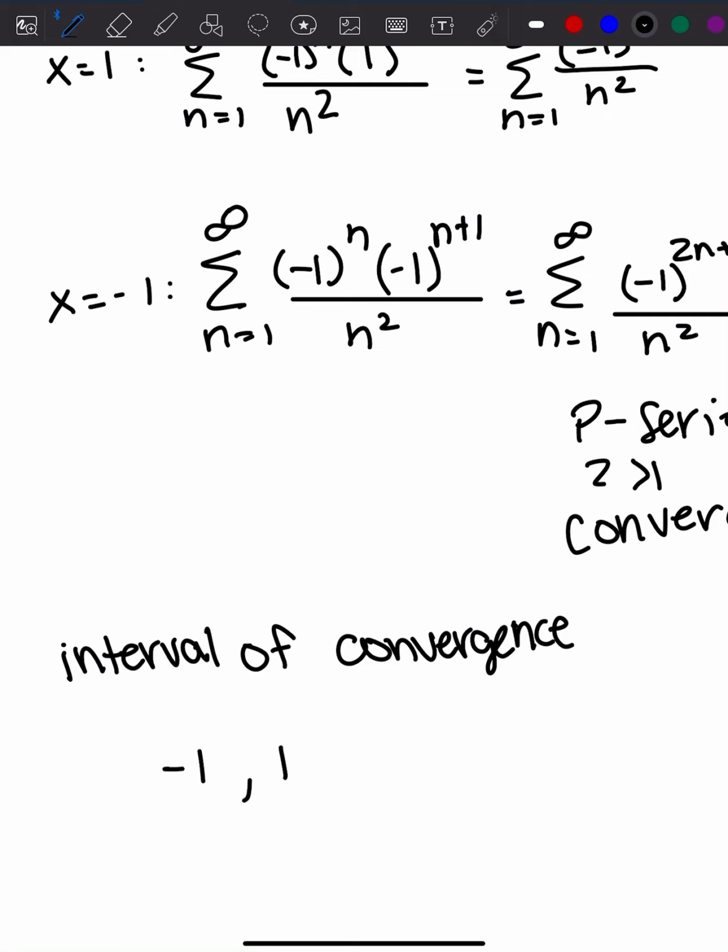We also solved for each endpoint, so we know they both converge. It's including both endpoints, so our interval of convergence is a closed interval from negative 1 to 1. You could also say negative 1 less than or equal to x less than or equal to 1. We need some sort of interval.